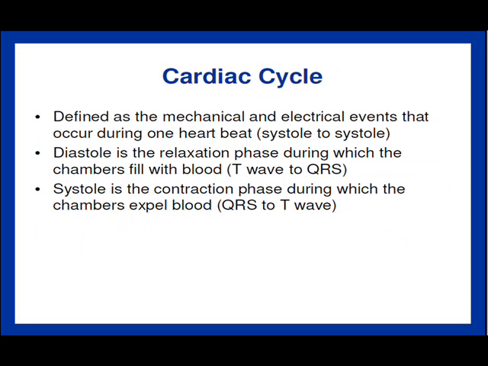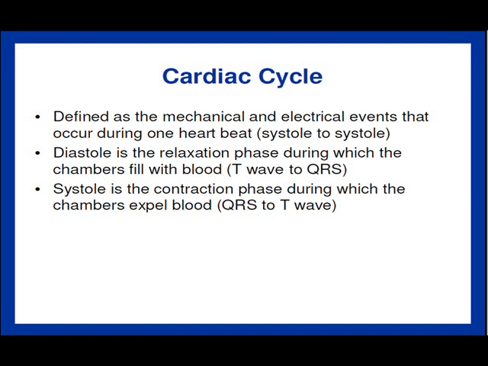Okay, cardiac cycle. Let's get into the cardiac cycle. So the cardiac cycle, right? Really, we're talking about from R wave to R wave. It's defined as the mechanical and electrical events that occur during one beat. Systole to systole. We all know what systolic and diastolic are, right?